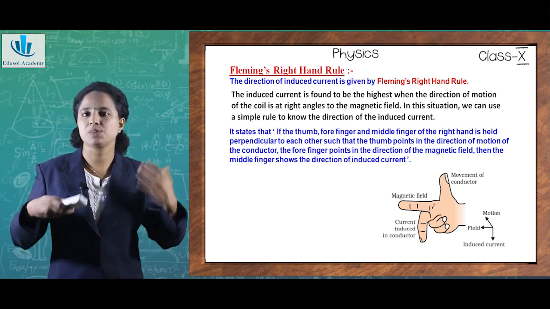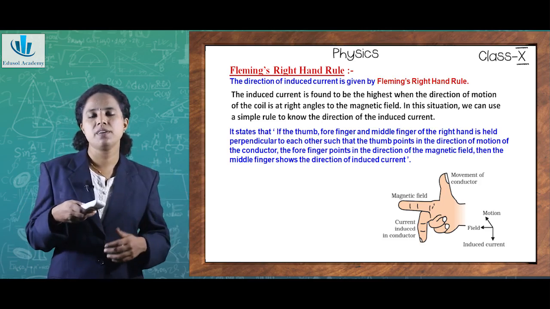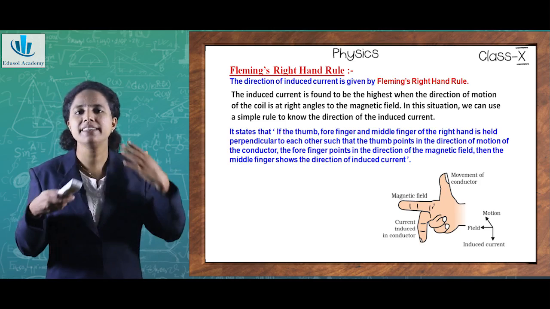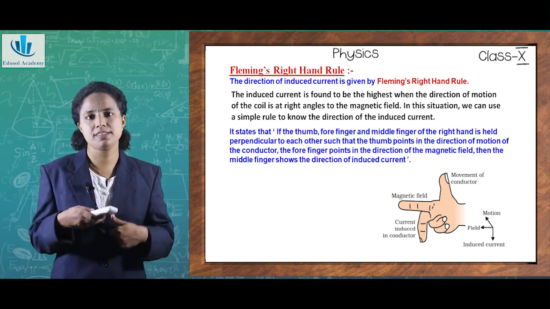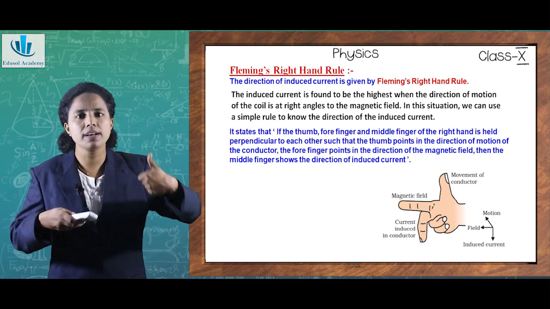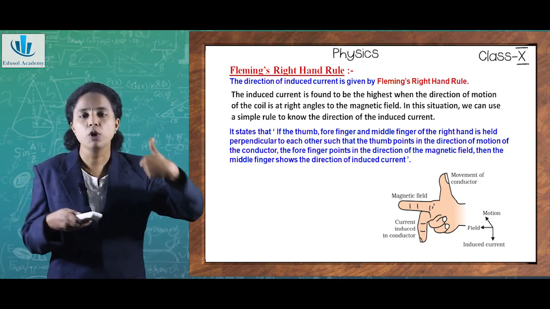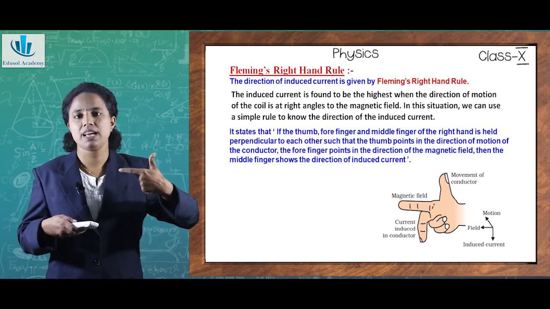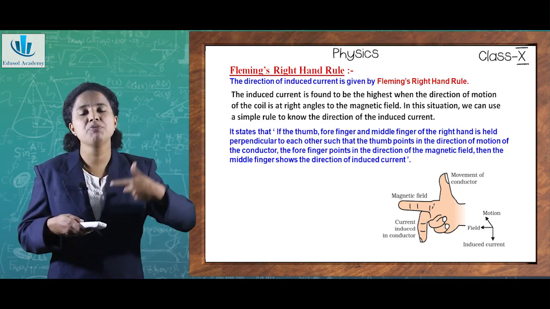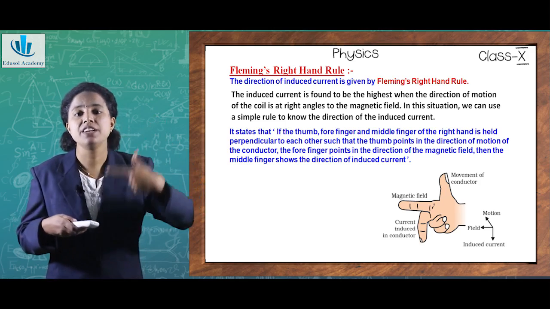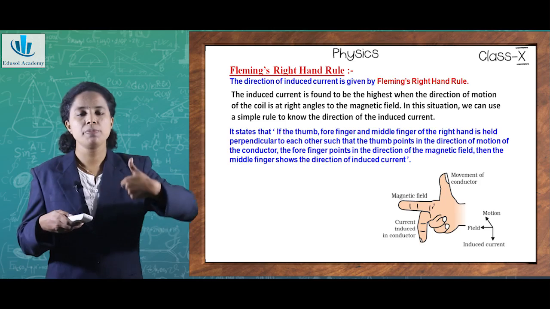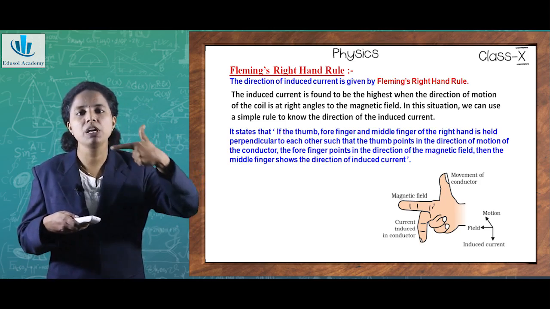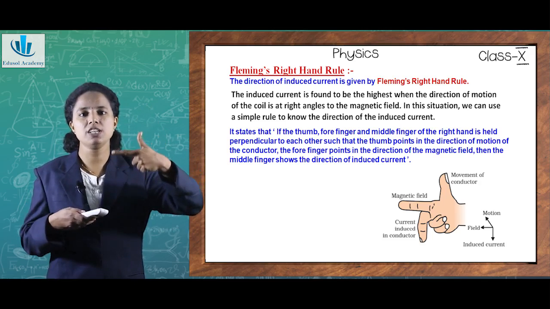For that, we need the right hand, and it states that if the thumb, forefinger and the middle finger are used and they are held in a perpendicular position, then the thumb will be pointing in the direction of the motion of the conductor, the forefinger will be pointing in the direction of magnetic field, and the middle finger will show the direction of the induced current. So, my thumb will be showing the movement of the conductor, and my forefinger will be showing the magnetic field direction.